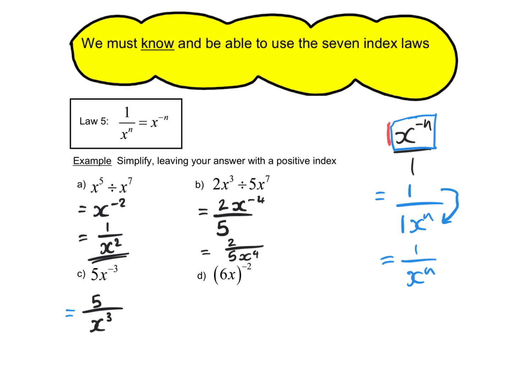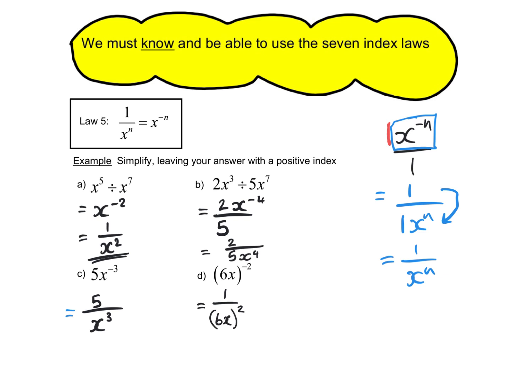Lastly, we've got this example here. Now, what I've got here is 6x all to the power of negative 2. So I could treat this bracket here as if it were just a normal x. In other words, I want to take that and put it to the bottom and change the power. So that bracket to the negative 2 becomes 1 over the bracket to the positive 2. Now, we can just put the 6x back in there. At the moment, that's not quite fully simplified.